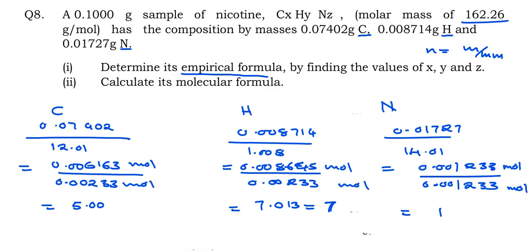So our final step now is to write the values. As you can see, for carbon this is our value of x, which is 5. So we can say that our x is 5, our y for hydrogen is 7, and our z for nitrogen is 1. So this is how you find these values. We are now going to replace it: where there was the x, we are going to put 5 here.